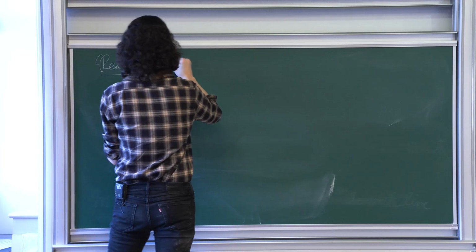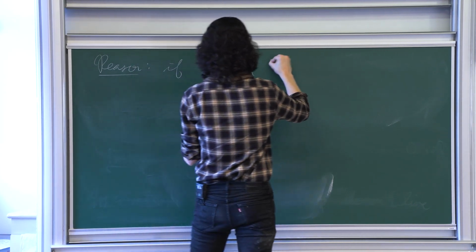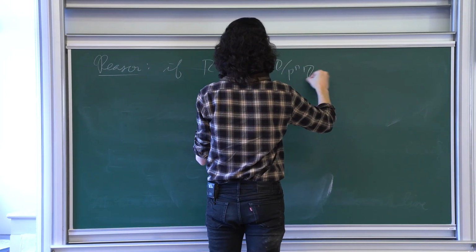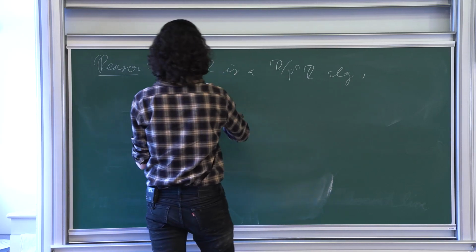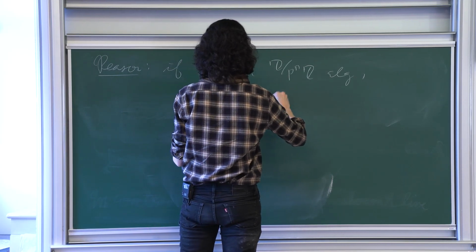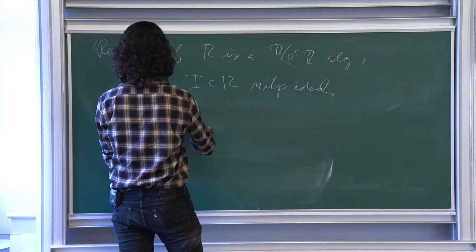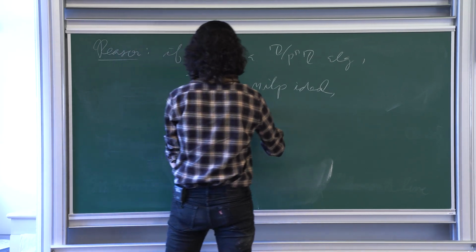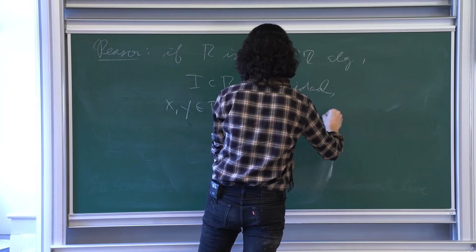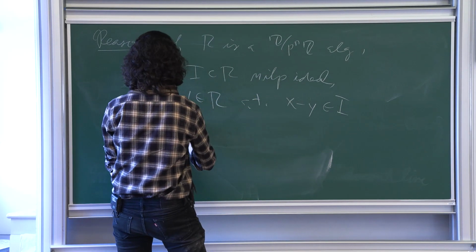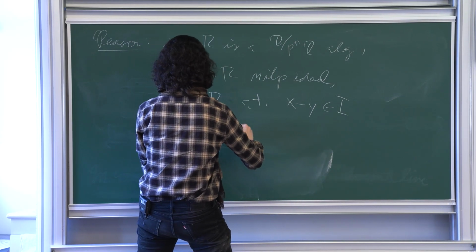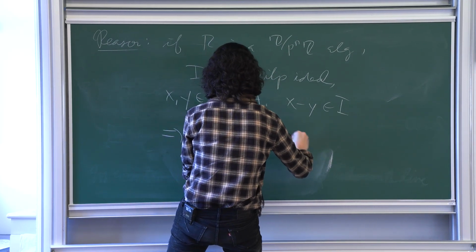If R is a Z/p^n-algebra, and I is a nilpotent ideal, and you have x, y in R such that x minus y is in I, then x^(p^k) is equal to y^(p^k) for some k.